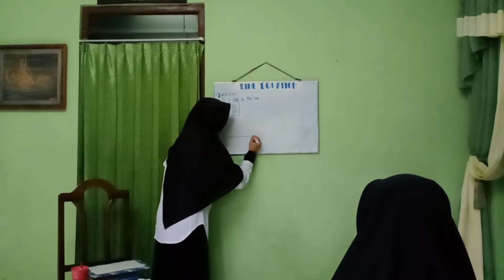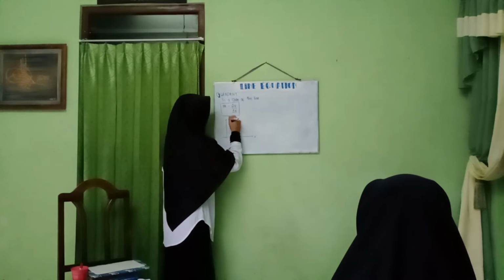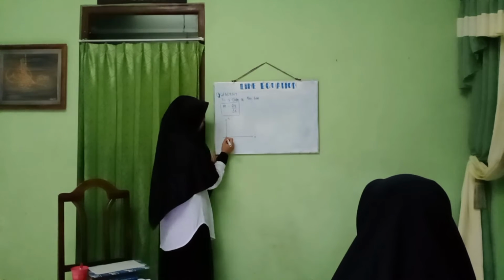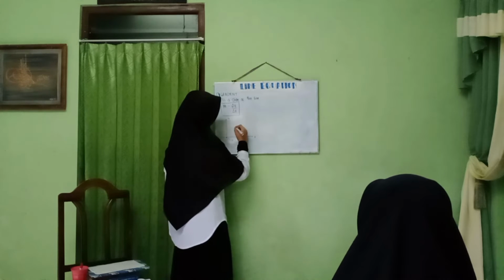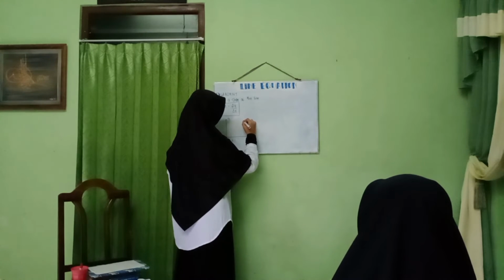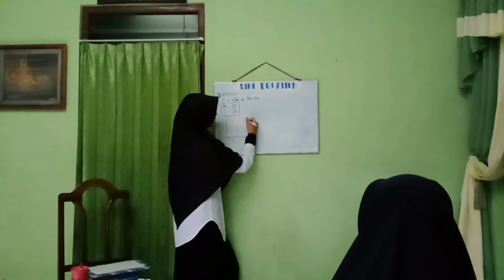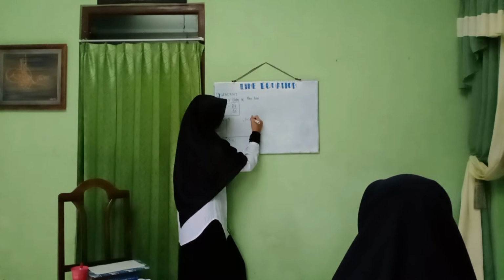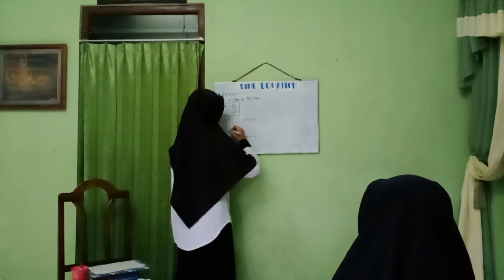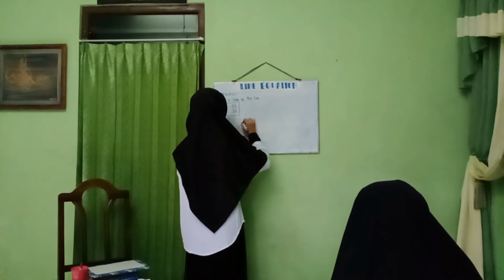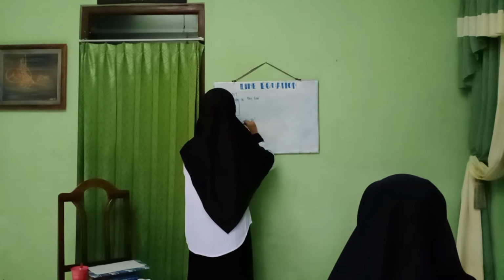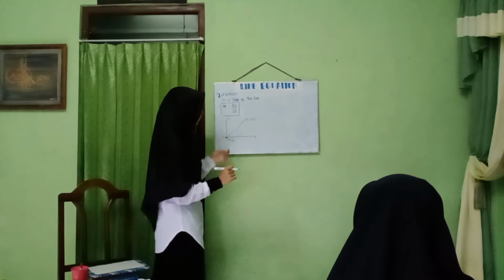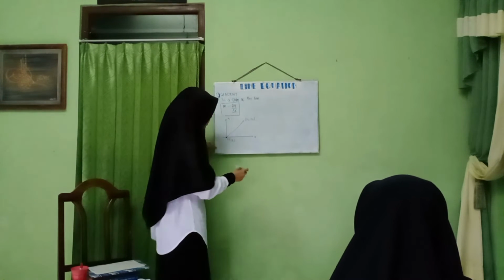Okay, this is x and this is y. Suppose I have a point here. You can call this x1, y1, and I have a point here. You can call this x2, y2. And delta y is here.